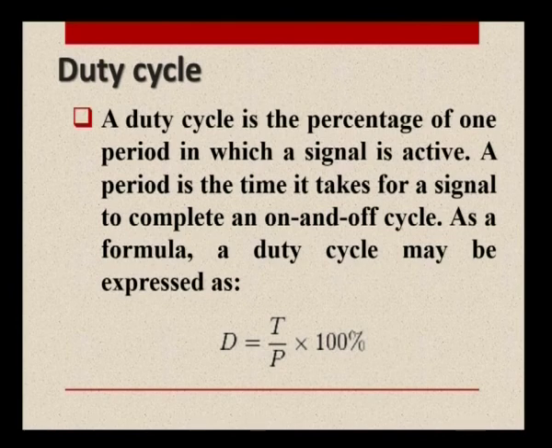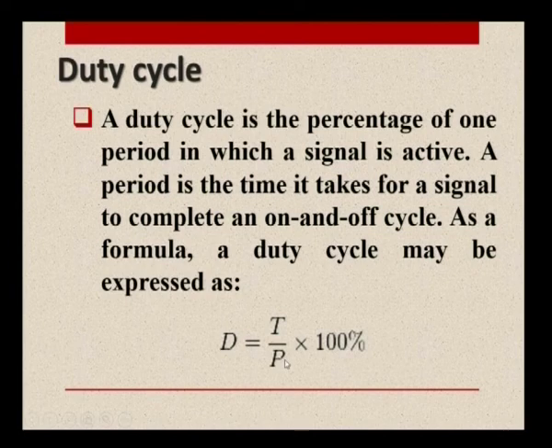A period is the time it takes for the signal to complete an on and off cycle. As a formula, a duty cycle may be expressed in this form: D is equal to T divided by P into 100. What do the terms T and P represent here?